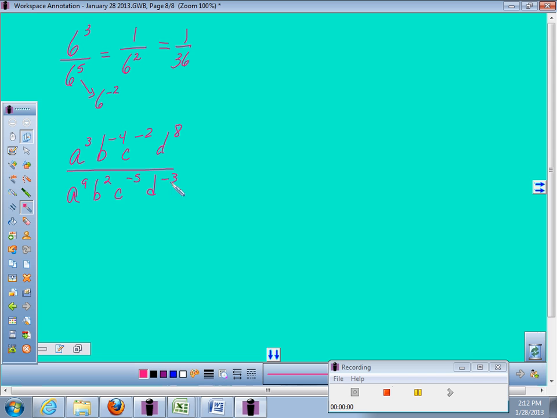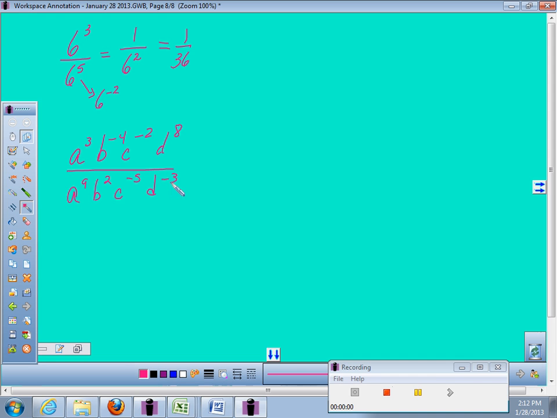I want to simplify that whole expression. You do each base as one term. So we have to simplify the A's, simplify the B's. Where you move the A's is not necessarily where you're going to move the B's.